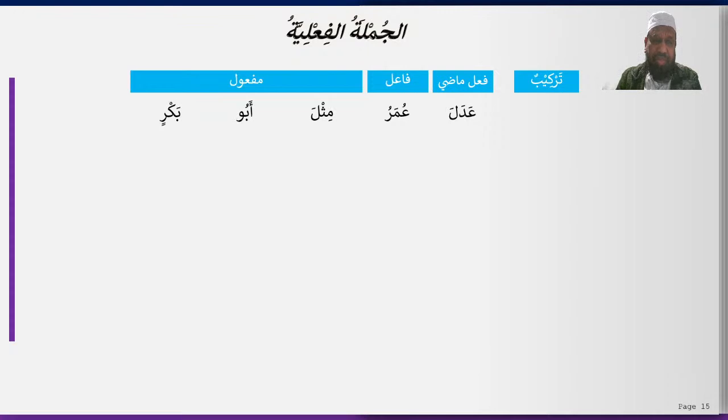So after mithl, the word will be mudaf ilayh. And over here, Abu is one of the al-asma al-khamsa. So what is the i'rab of the asma al-khamsa in marfu case? With the waw. In mansub case, with the alif.